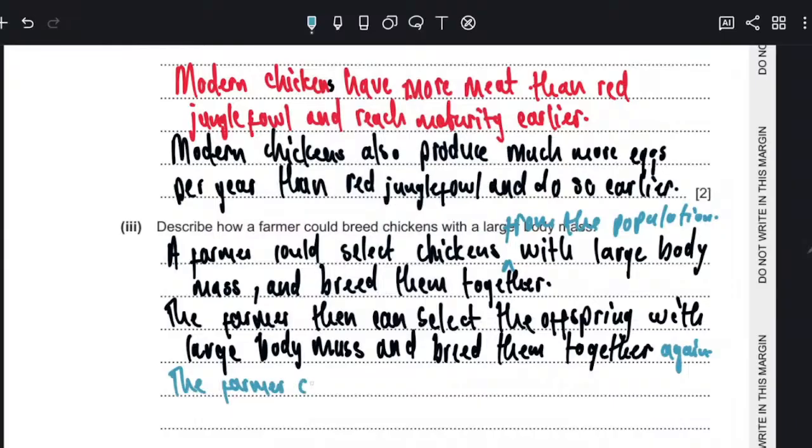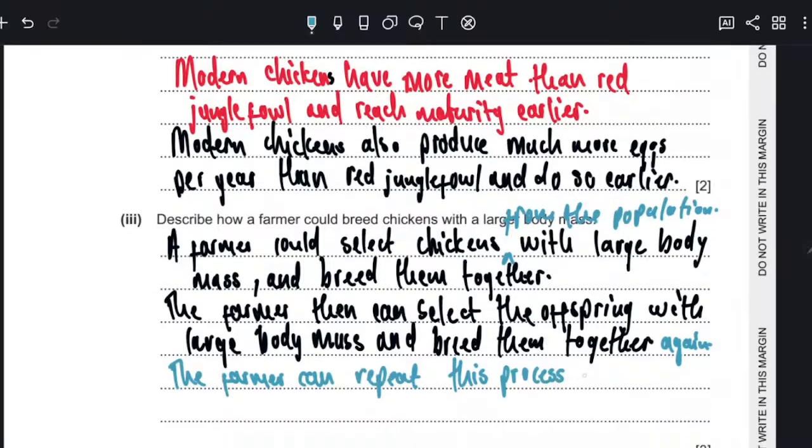The farmer can continue this process, or the farmer can repeat breeding, keep breeding, but only breed those that are huge. This process for many generations.